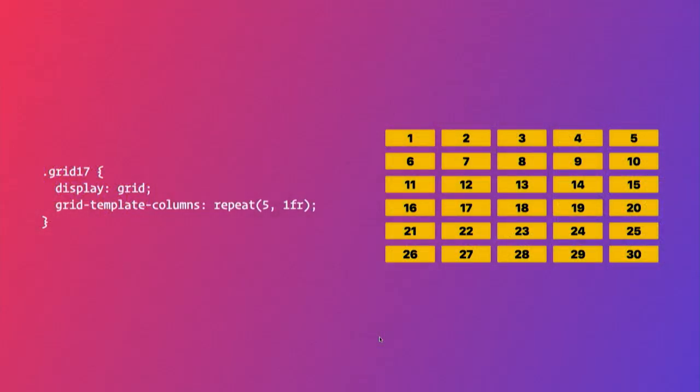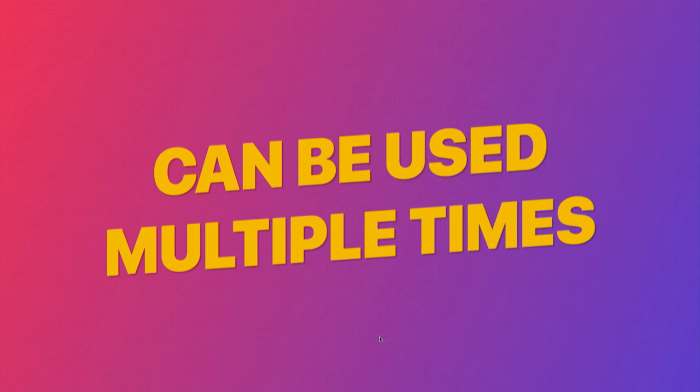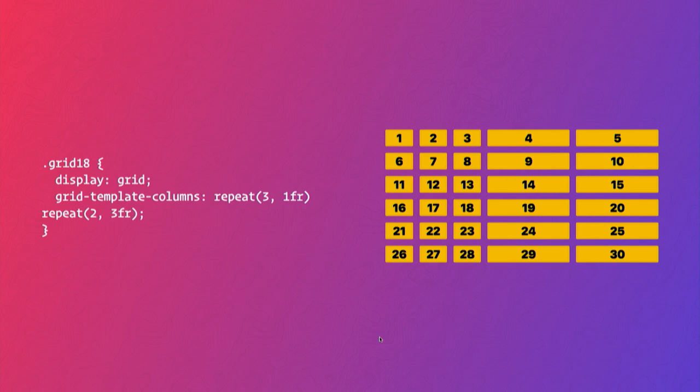If you want 5 1FR columns, you don't have to write 1FR 5 times. You simply just say, repeat 5 times 1FR, and it's going to give you those 5. Pretty simple, right? It can be used multiple times in defining a grid on columns or rows. So here what I've done is I've said, repeat 3 times 1FR, and repeat 2 times 3FR.